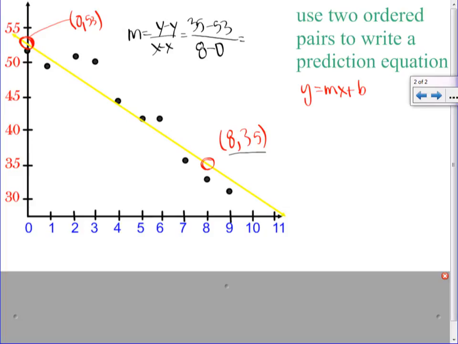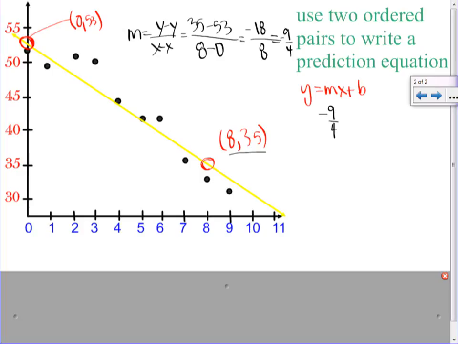So if we simplify this, what do we get? Negative 18 over 8, which simplifies to be what? All right, so now we know this, negative 9 over 4. That's m, our slope.